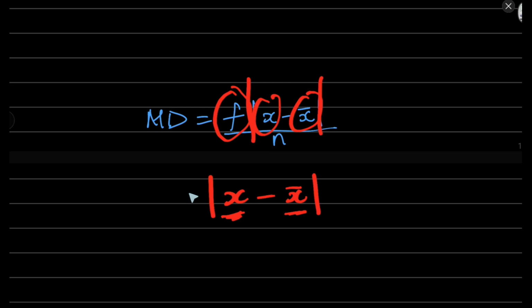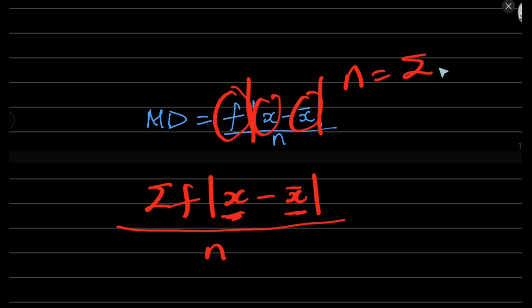Then you multiply by the f values, then you sum them up, and then you divide by n. And do not forget that when we are dealing with a frequency distribution, n is the same as the summation of your frequency. So n is summation f.